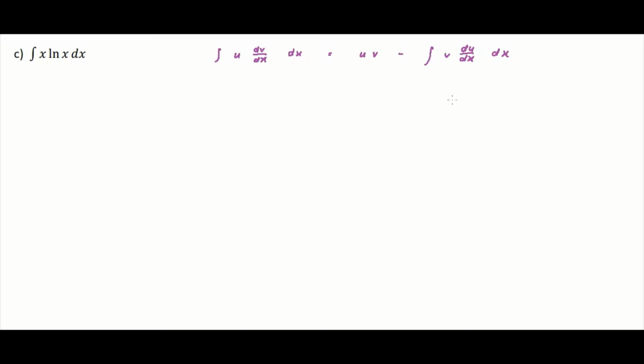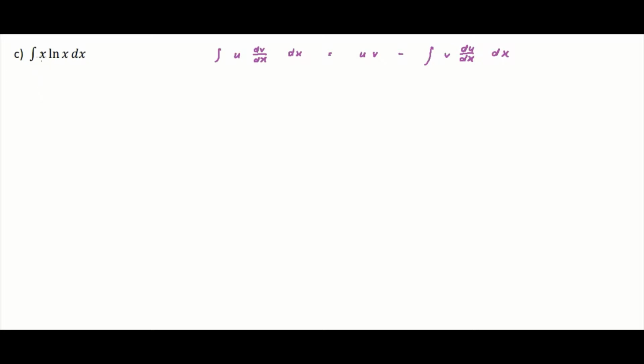Okay, so for number C, this is the question where you don't have any choices for your u and dv dx, because for the part for ln x, you can only differentiate but you can't integrate it, right? Because when you differentiate ln x, you get 1 over x, but you can't integrate ln x. So that's why for your u, it must be your ln x.